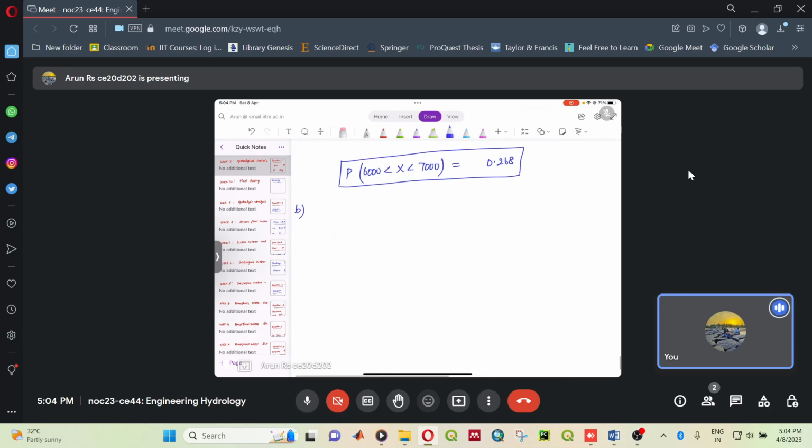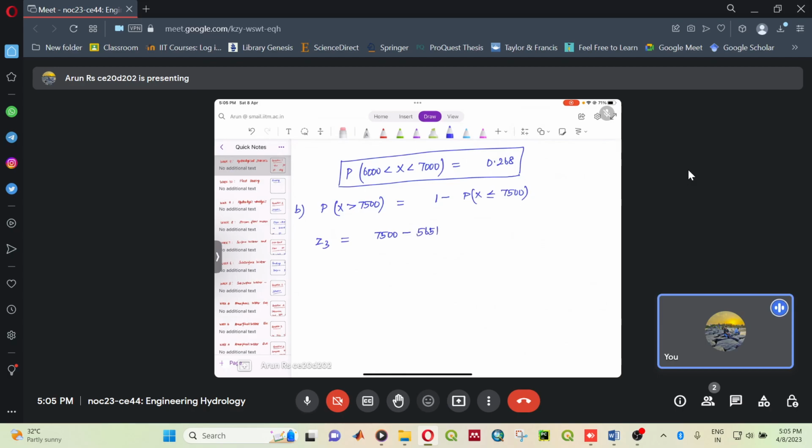For the second part, we need to estimate what is the probability of X greater than 7500. This can be written as 1 minus probability of X less than or equal to 7500. Now we need to find Z3, which corresponds to x of 7500.